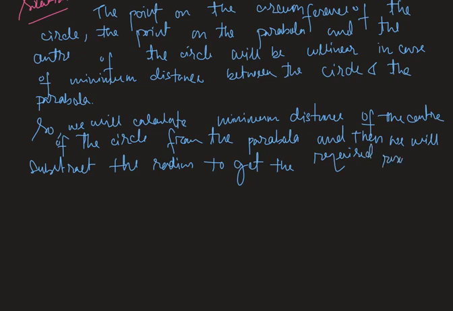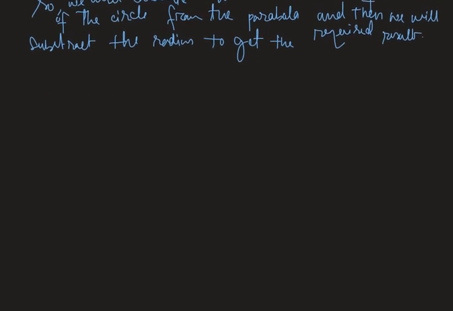Okay, now let any point on the parabola be (t square, 2t).